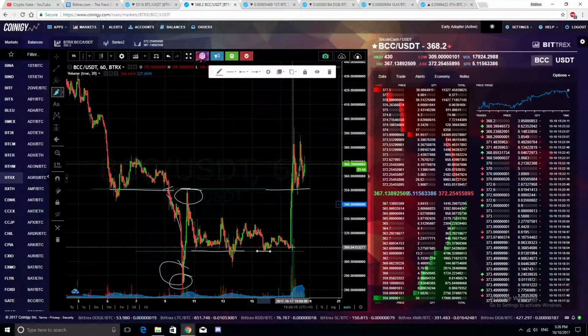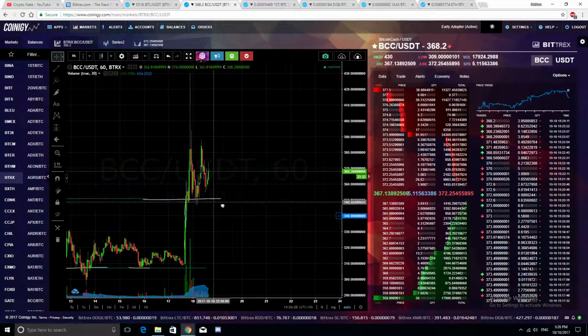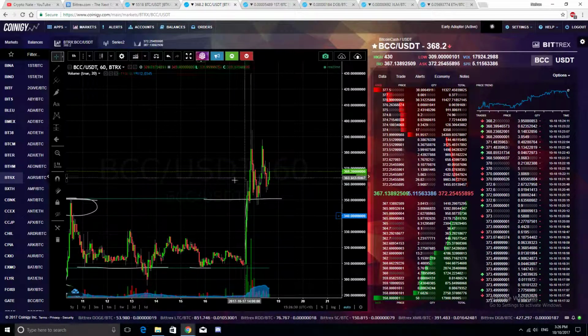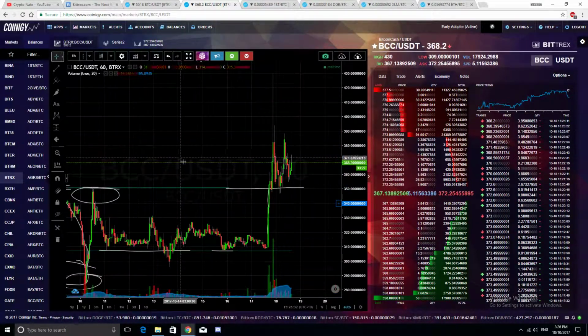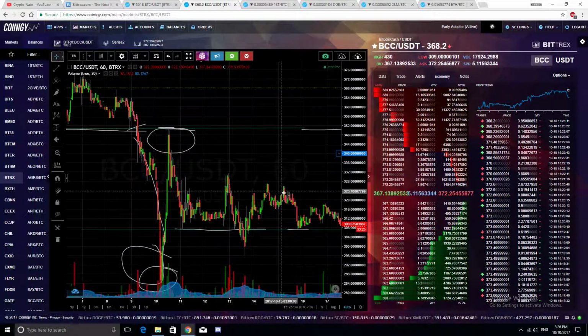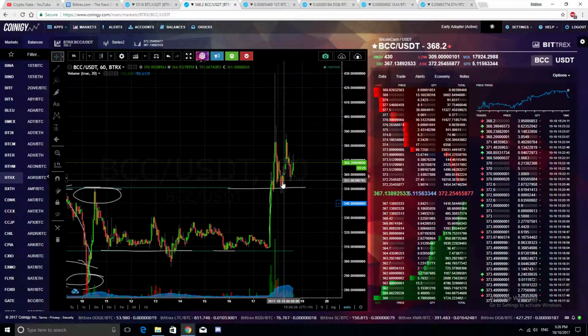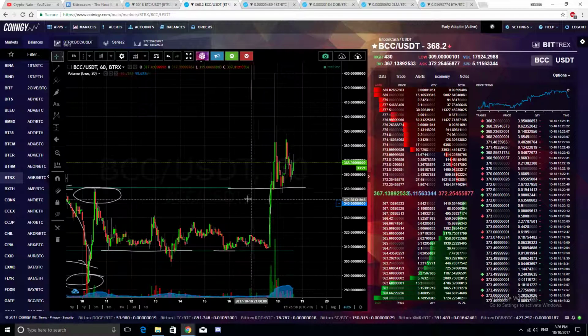Then it tested that support point again, and a lot of buyers for that day got involved and pushed the price right up, broke through this resistance line right here, and created a new base right there.